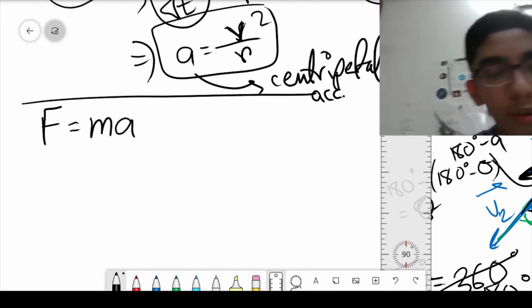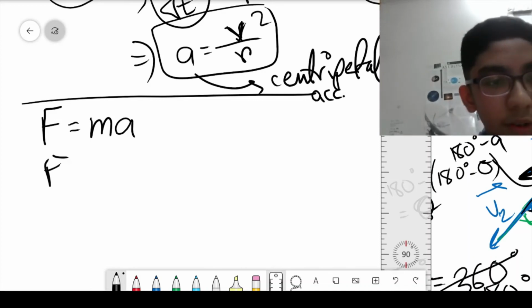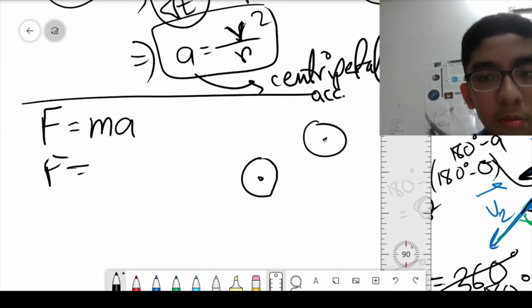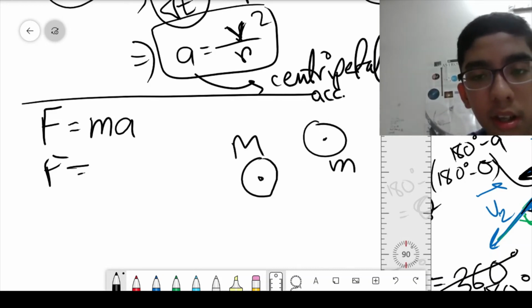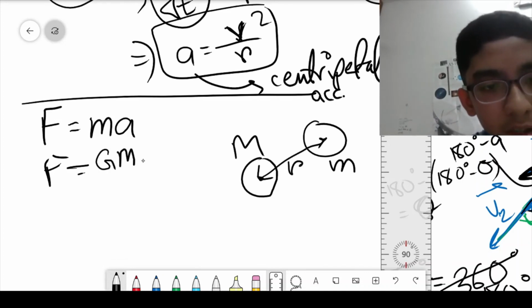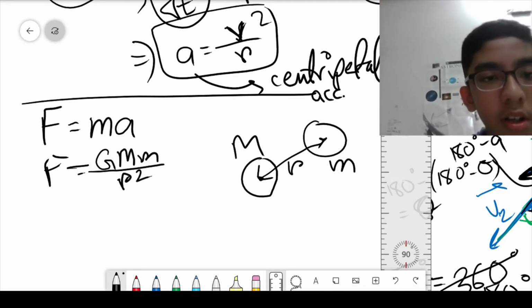And also from the universal law of gravitation, we know that the attraction force between two objects, if this is mass M and this is mass little m, and this distance is r, will be equal to the gravitational constant G times M times little m divided by r squared.